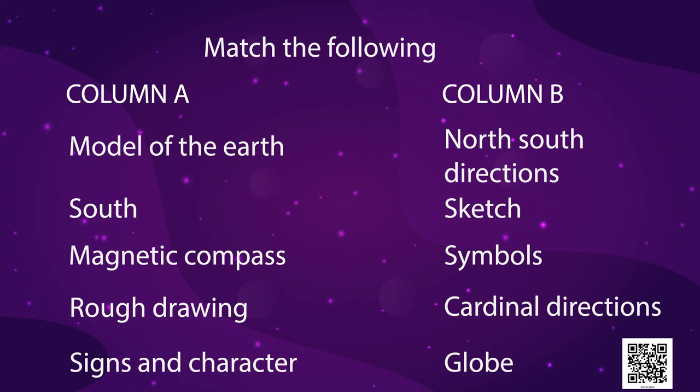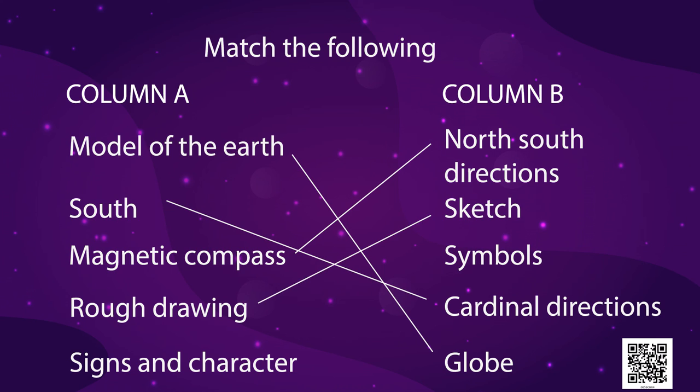So students, now we match. Model of the earth, match with globe. South, match with cardinal directions. Magnetic compass, match with north-south directions. Rough drawing, sketch. Signs and characters, match with symbols.